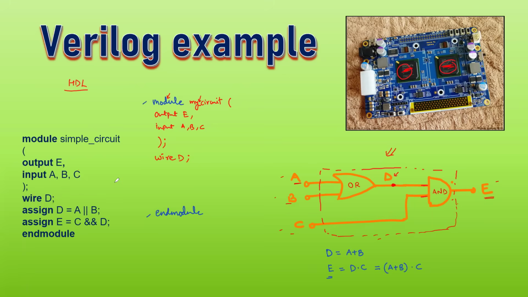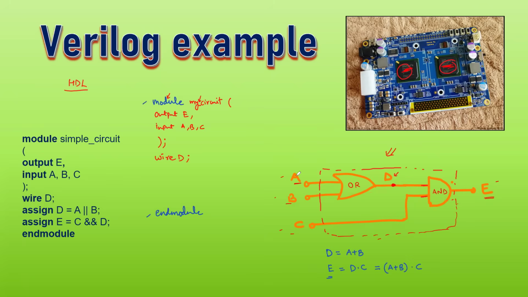Now whenever I use a tool or software to write this code, I have to tell the tool what operation it needs to perform. The first operation is OR and then AND.